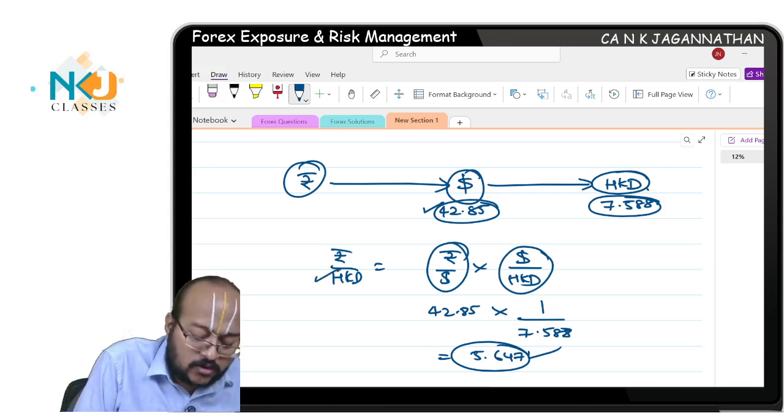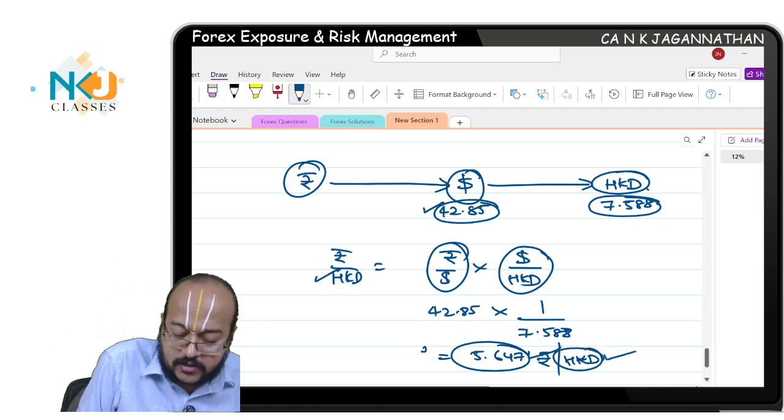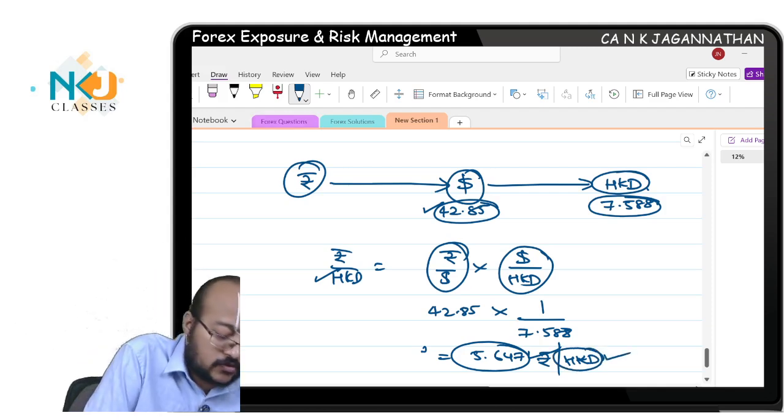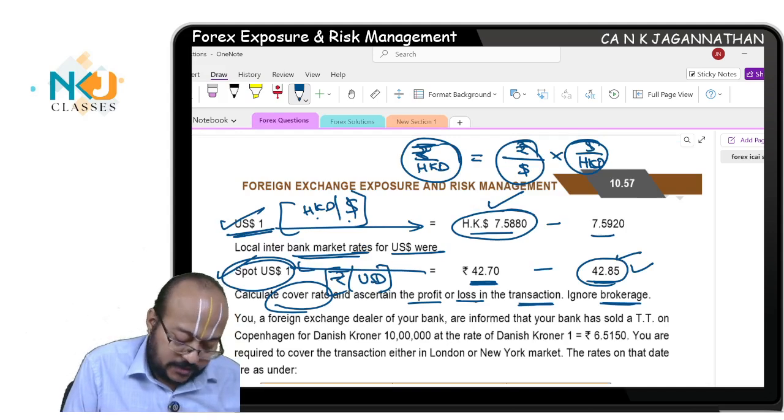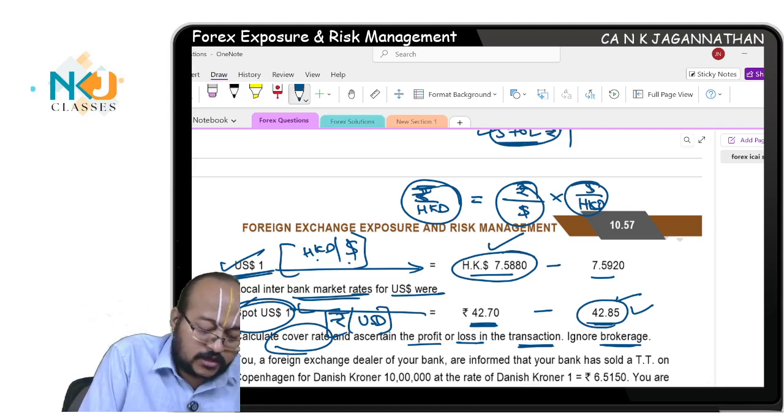For every Hong Kong dollar, how much is the rupee? So 5.647 rupee per HKD is the conversion rate to be used. Are you listening? Okay, next. Yes, this rate you will use to convert.